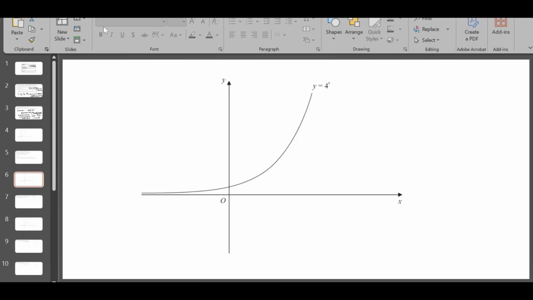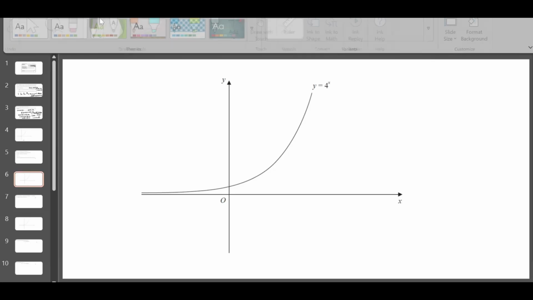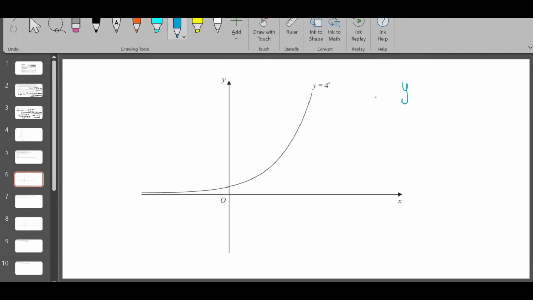First, let's sketch y is equal to 2 to the power x. Look at this number. If the number is smaller, the curve will be less steep, but still it will pass through 1. This is going to be y is equal to 2 to the power x.